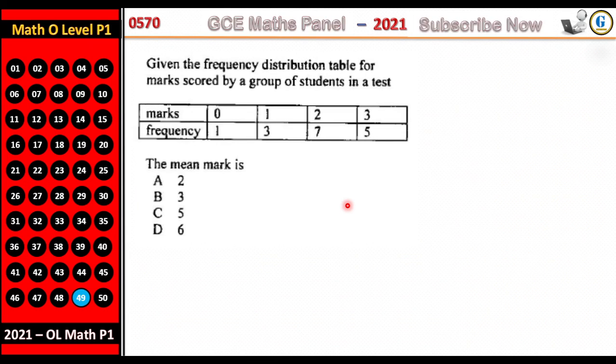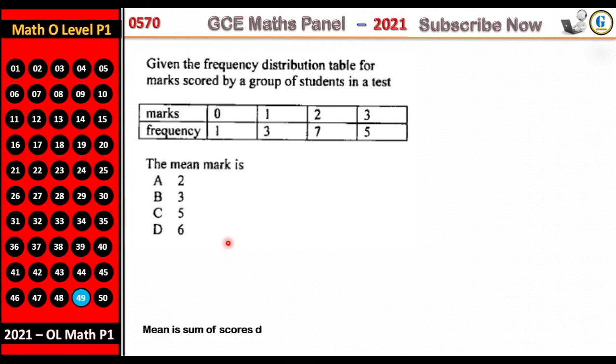49. Given the frequency distribution table below for scores of a group of students in the test, find the mean mark. When they give this in the form of a table like this, the mean mark is given by the summation of products divided by the sum of frequency.